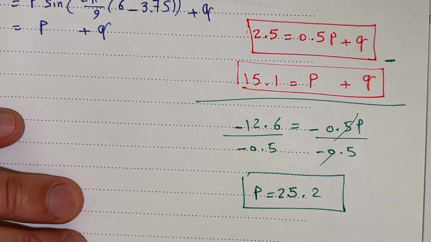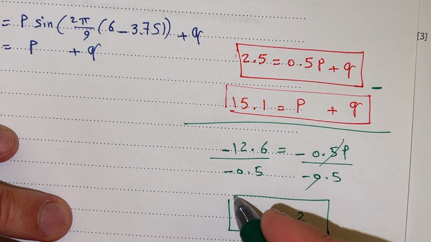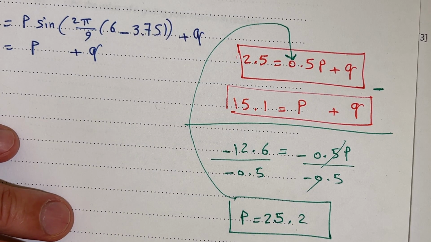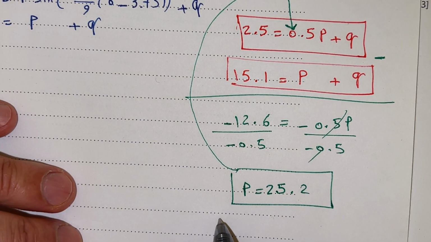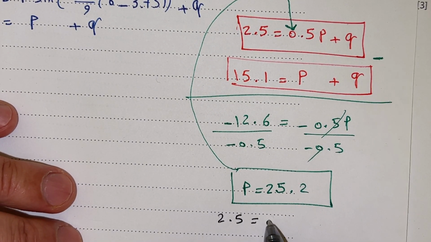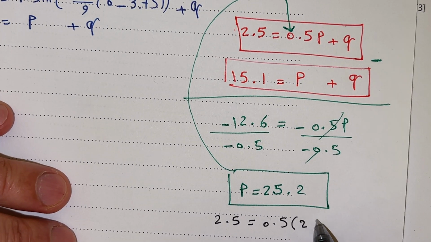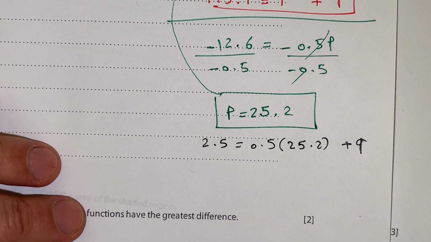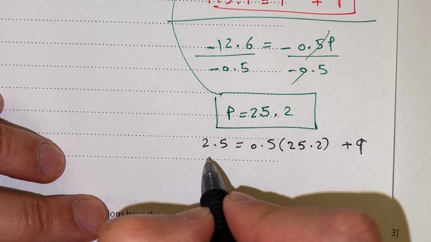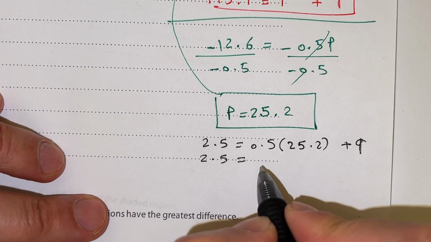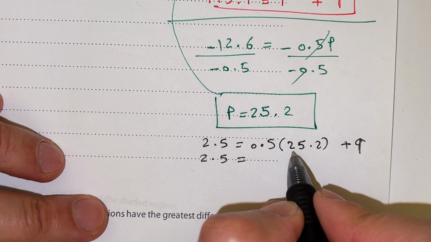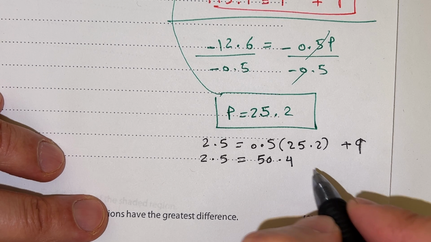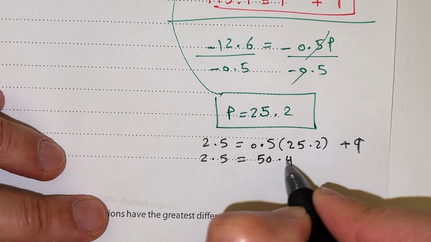How can I find q? Plug p into one of the equations. Let's try the first one. So I have 2.5 equals 0.5 times p, which is 25.2, plus q. How much is 0.5 times 25.2? It's 50.4. No, sorry.